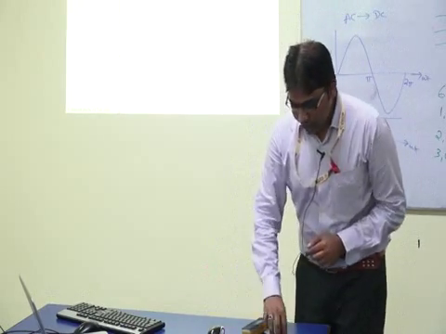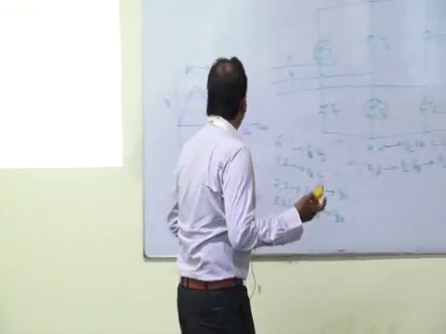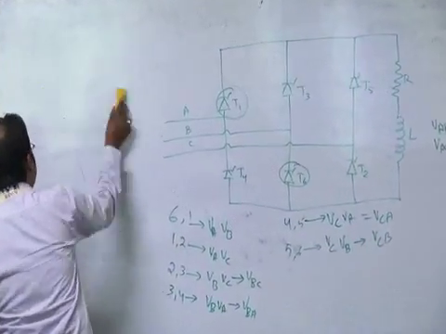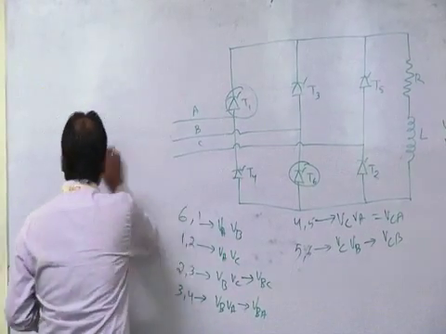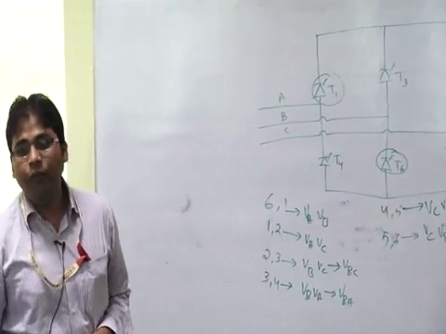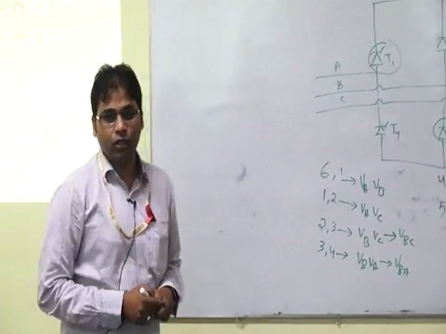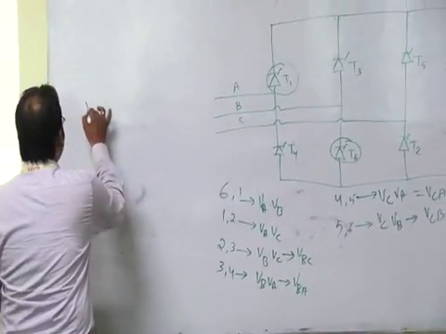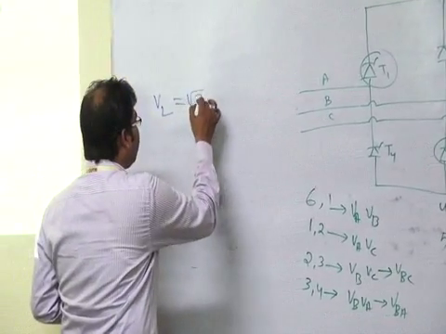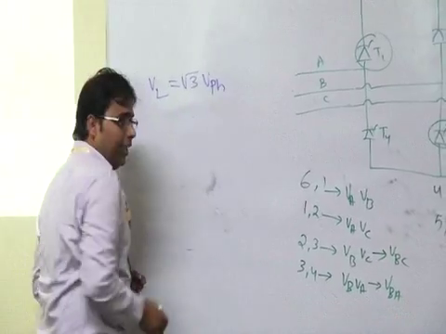Okay. Now I want one point from you. To derive the output voltage, we need to know the relation between phase voltage and line voltage. Okay. So tell me, VL equal to root 3 V phase.